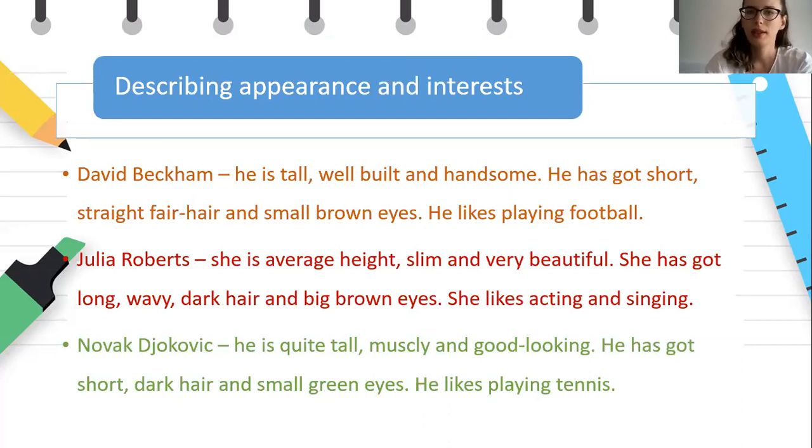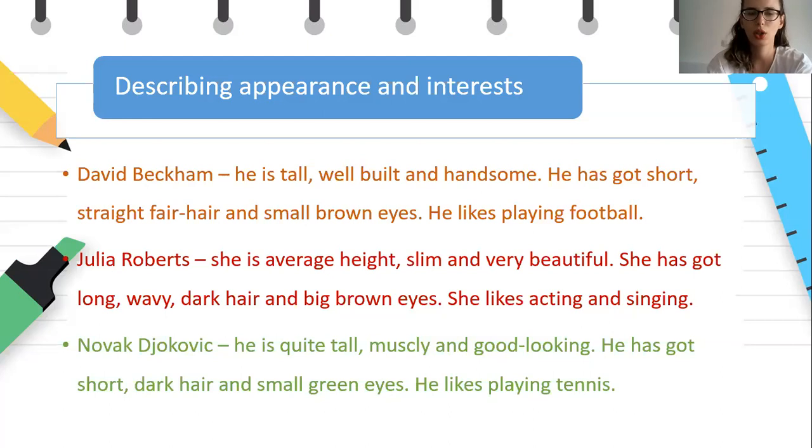Describing appearance and interests. We're going to see some examples. David Beckham. He is tall, well-built, and handsome. He has got short, straight, fair hair and small brown eyes. He likes playing football. Julia Roberts. She is average height, slim and very beautiful.